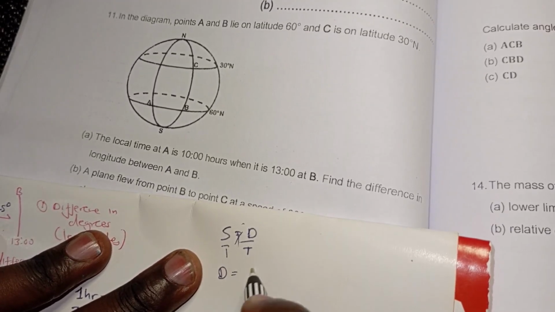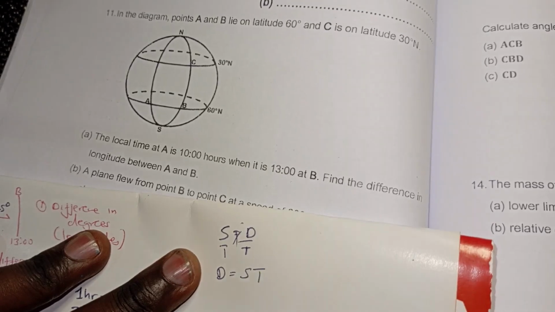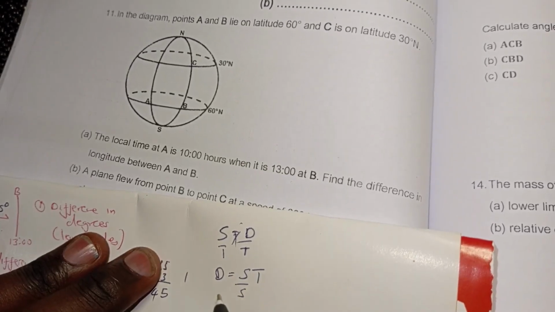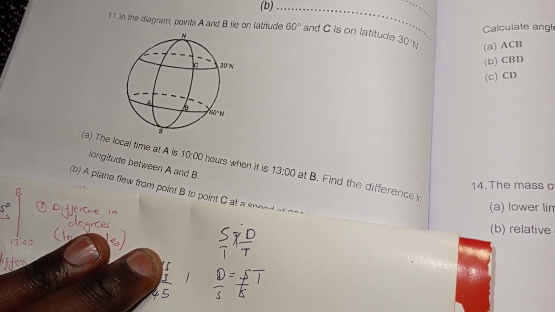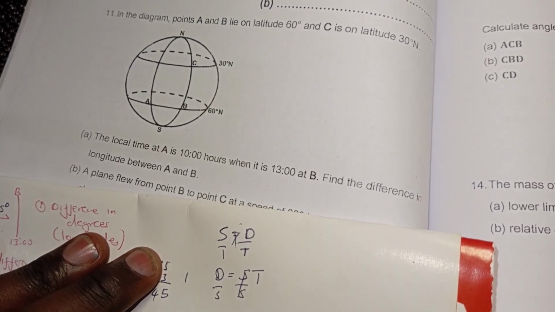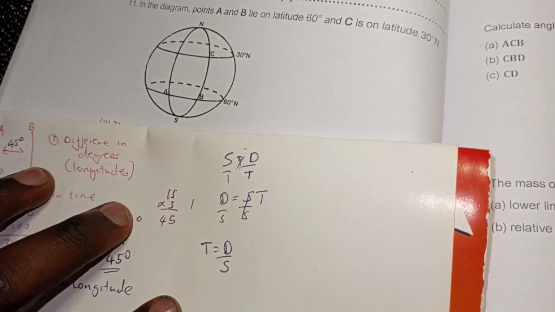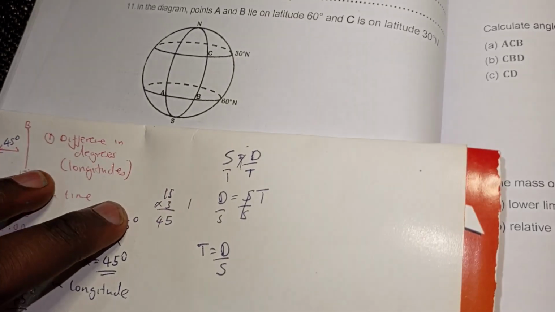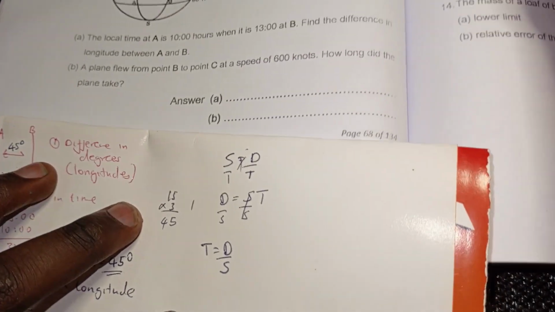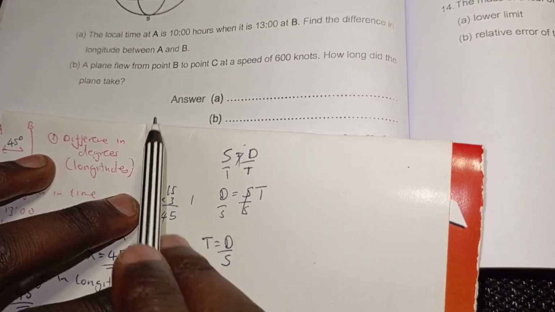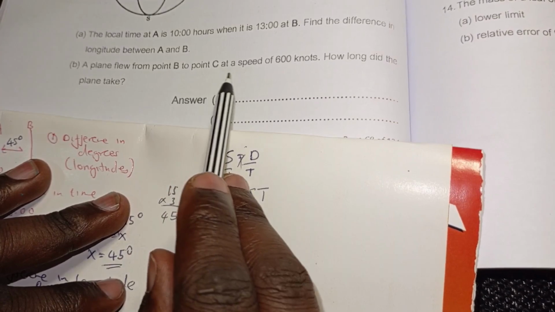We say distance is equal to speed times time, then divide by speed, so time will be equal to distance over speed. So let's look at what the question is saying. A plane flew from point B to C at a speed.